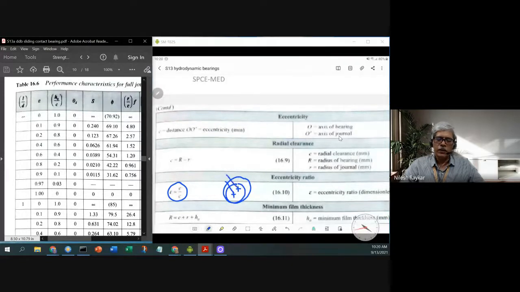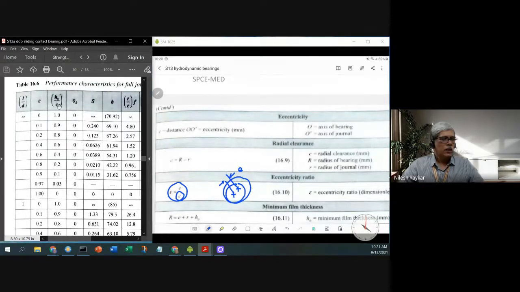The shaft and bearing have different diameters. The radial gap between the shaft and the sleeve diameter is the C. So E by C is the eccentricity ratio. That is the first parameter that we are discussing here.